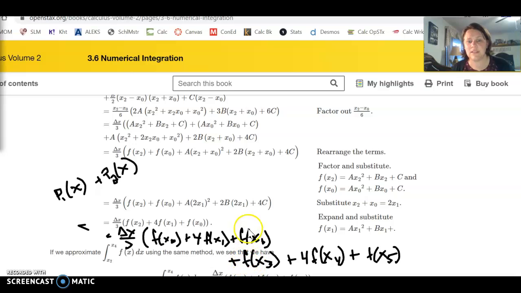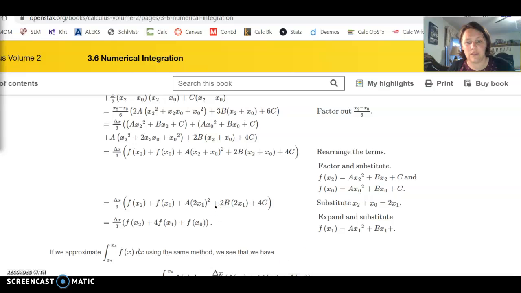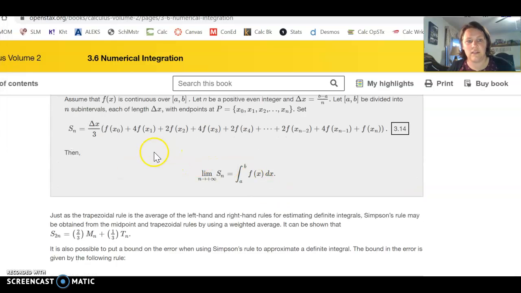So what happens is every time we add on a new polynomial or a new quadratic equation, the last of the first equation and the first of the last equation will add together and we'll end up with 2. So that's how we get this formula here.